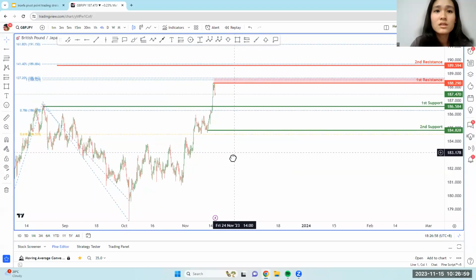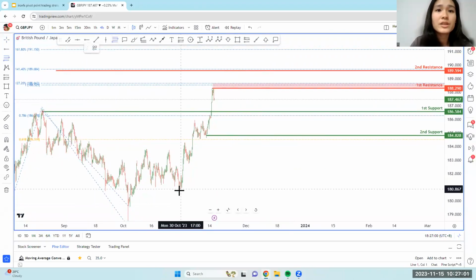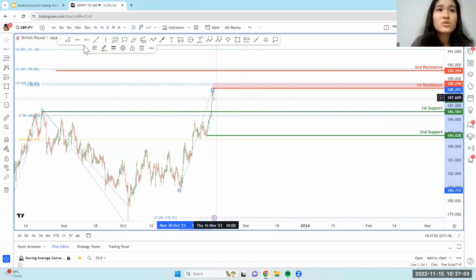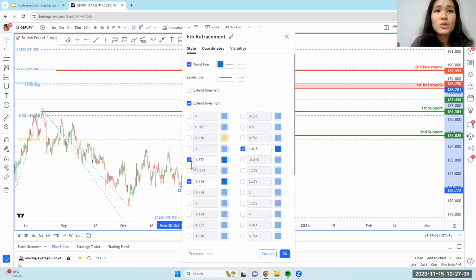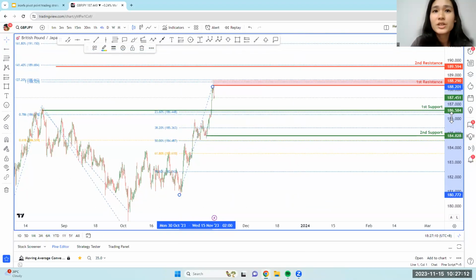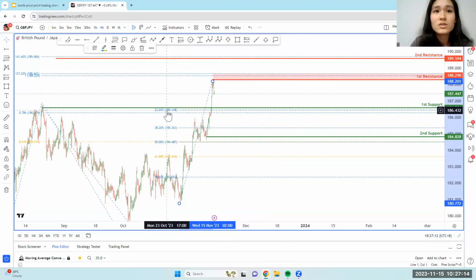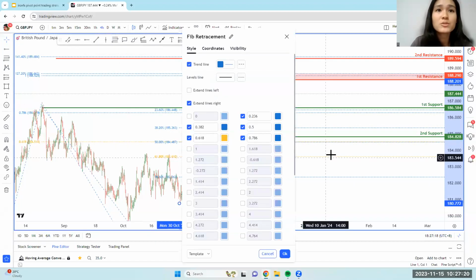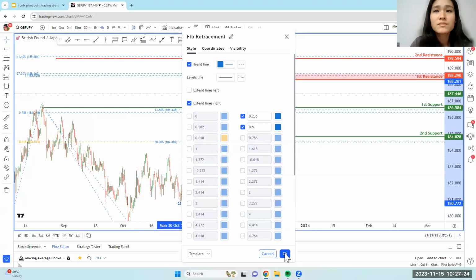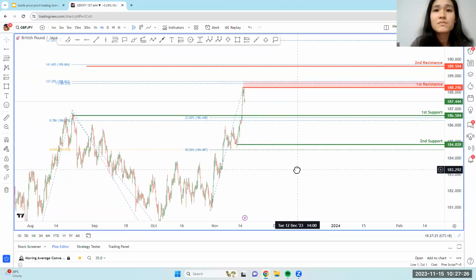Now let's go in with a retracement. So for Fibonacci retracements, we use these 5 levels. And then you can see that my 23.6 lines up with my first support, and so does my 50%. So I'm just gonna keep those 2 levels.